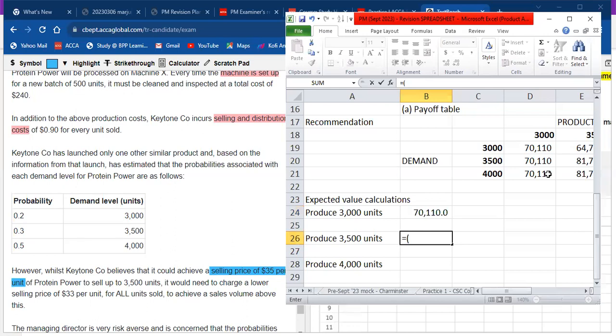Here, 0.2 times this plus 0.3 times that plus 0.5 times that.